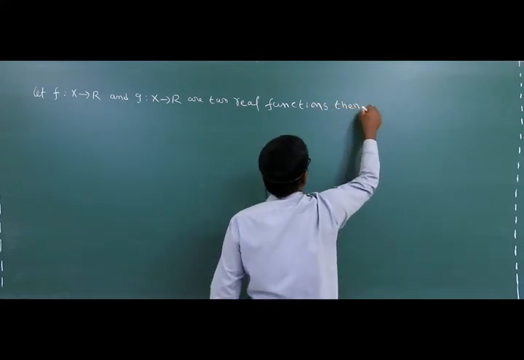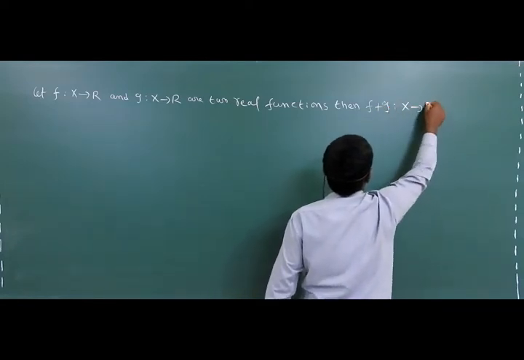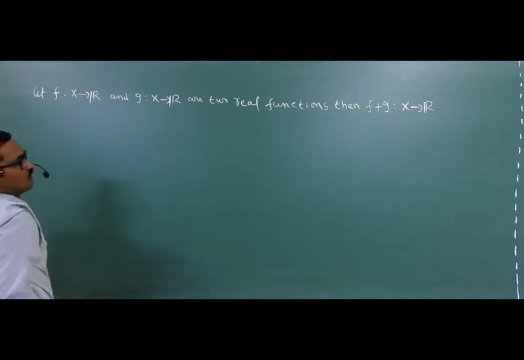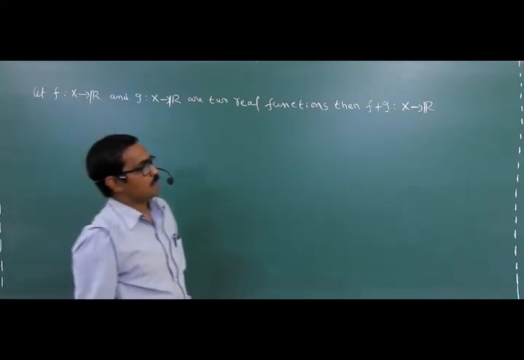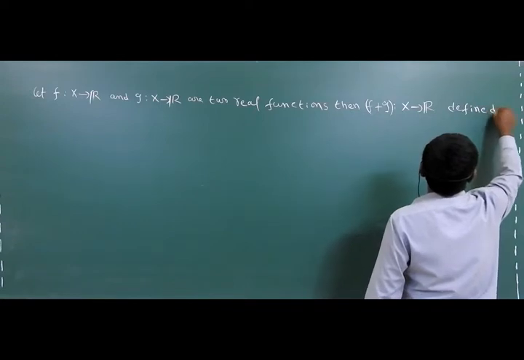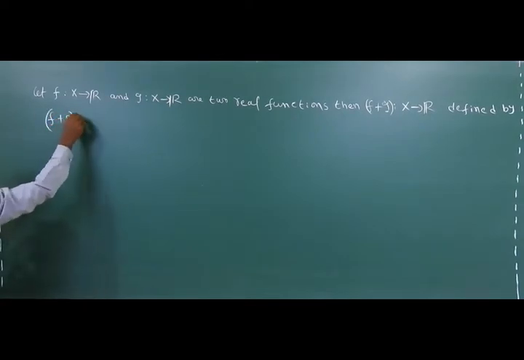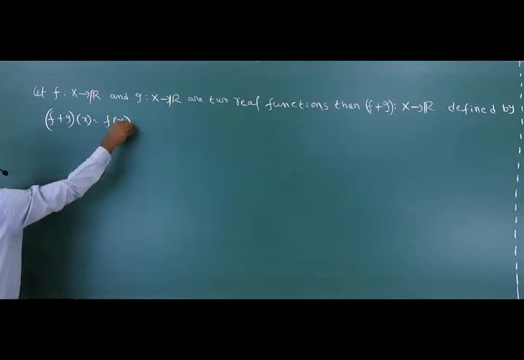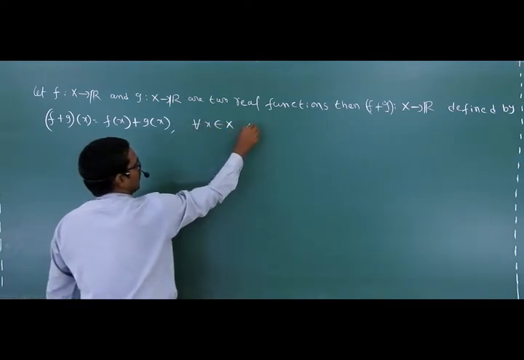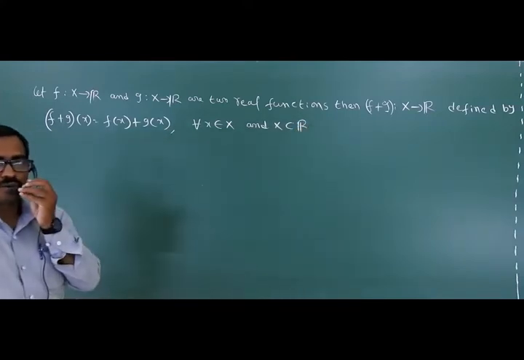Then f plus g from X to R, where capital R means the set of all real numbers, is defined by (f plus g)(x) is equal to f(x) plus g(x), for all x belongs to capital X, and capital X is a subset of capital R.